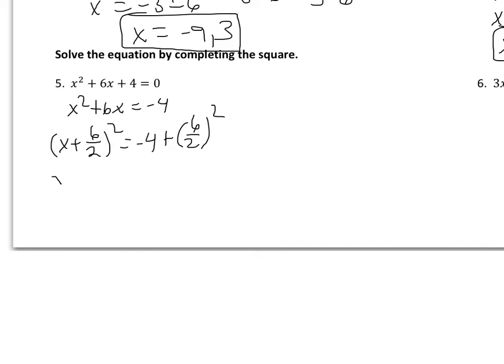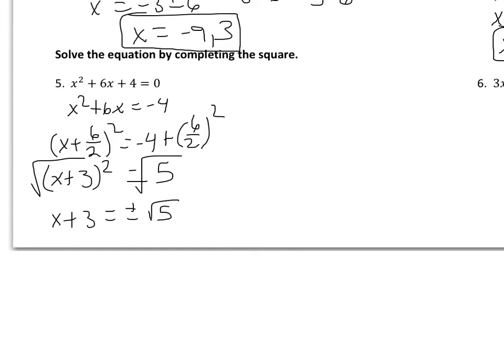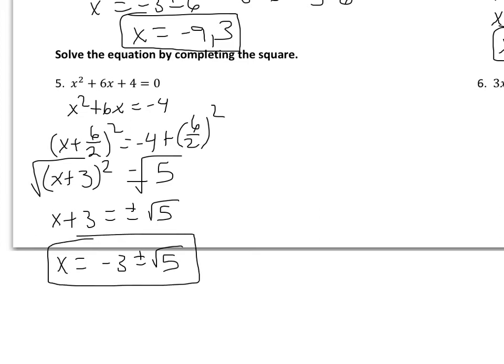So here we get the quantity x plus 3 squared equals negative 4 plus 9, which is 5. Square root both sides. x plus 3 equals plus or minus the square root of 5. Subtract the 3 over, so you get x equals negative 3 plus or minus the square root of 5.